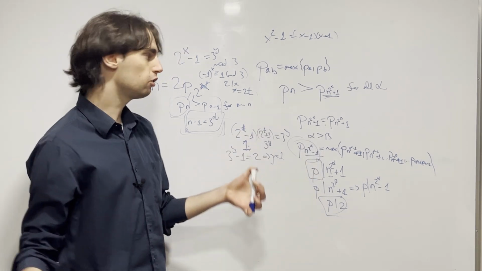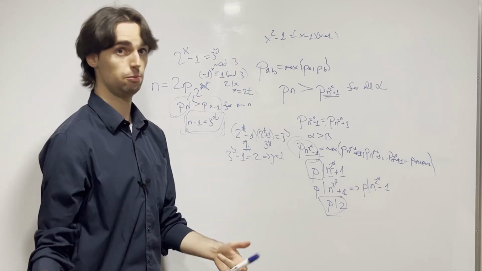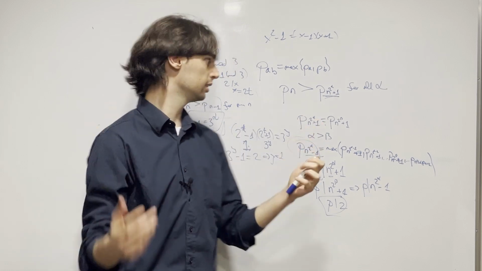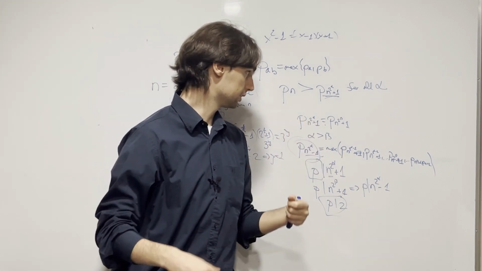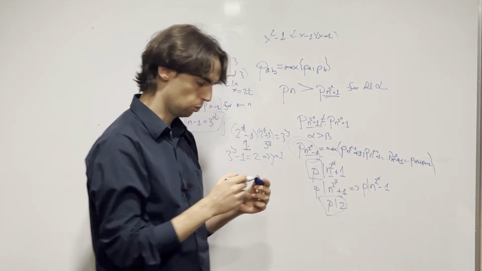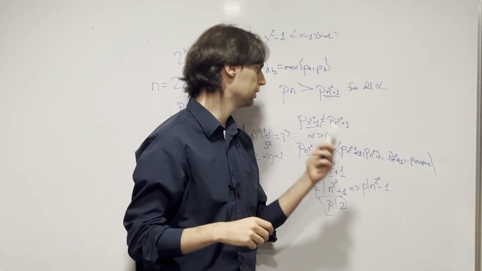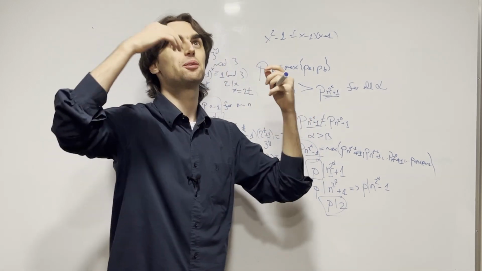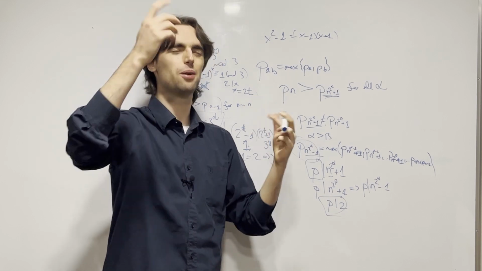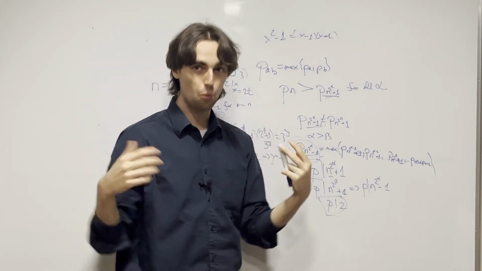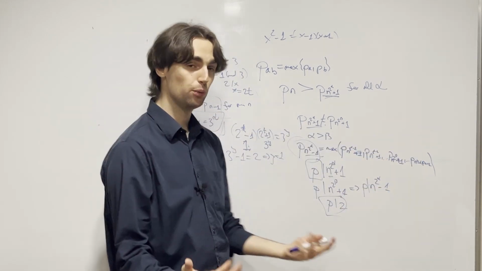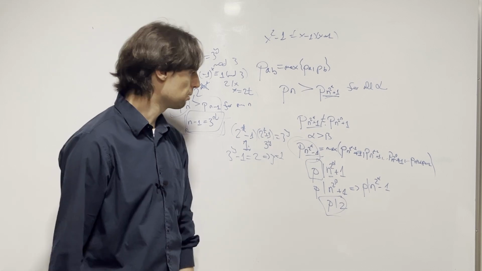And now we get a contradiction because this p of n is bounded, but this sort of thing right here, we're saying it's a constant, but it is not bounded, because p of n to the alpha plus 1 is never equal to p of n to the power of 2 to the power of beta plus 1. Like these two things are never equal. It's a mouthful. And this finishes up our problem.